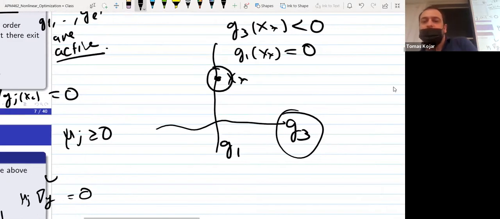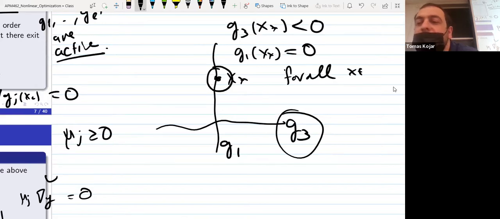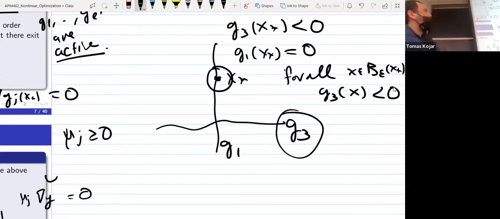So locally, for all x in a ball B epsilon of x star, you have G3 of x is also negative.